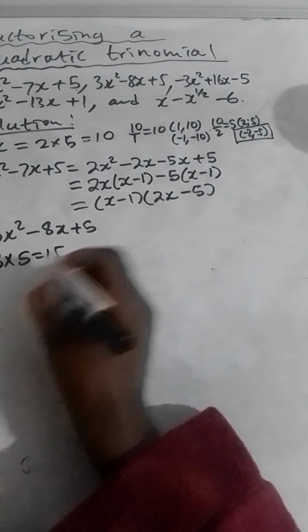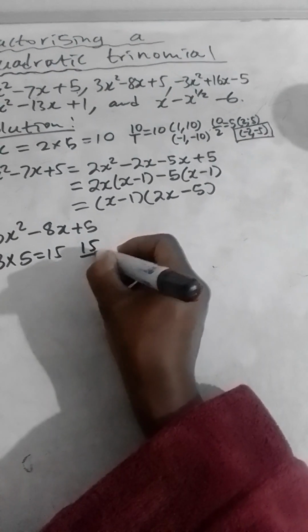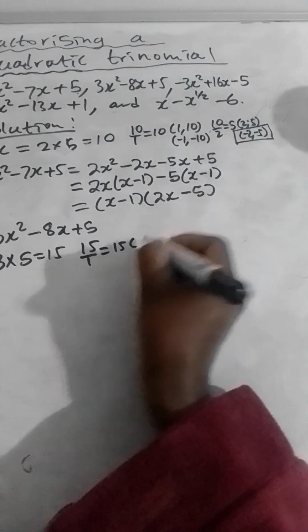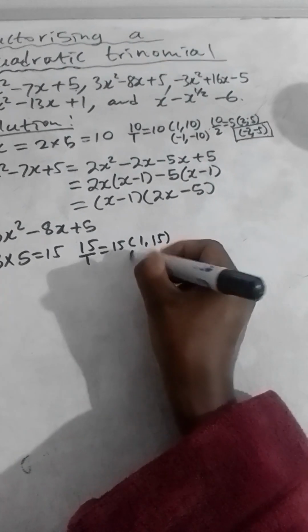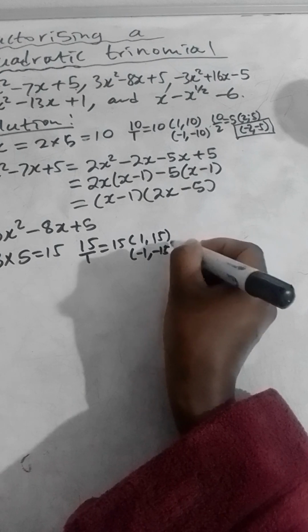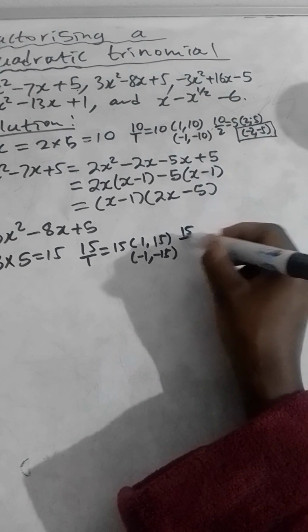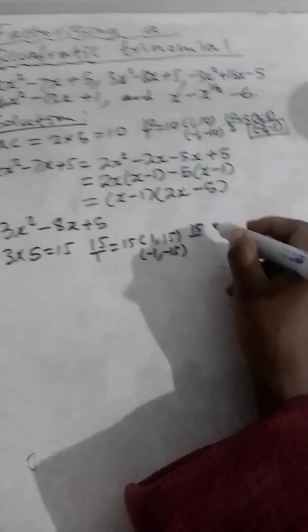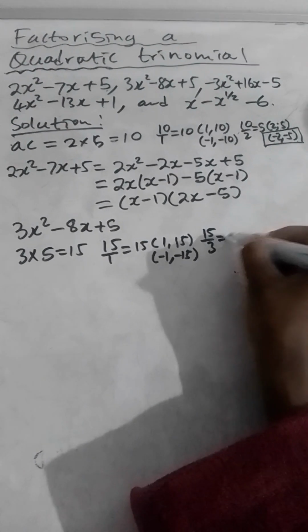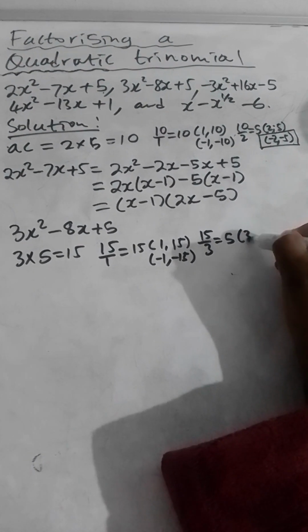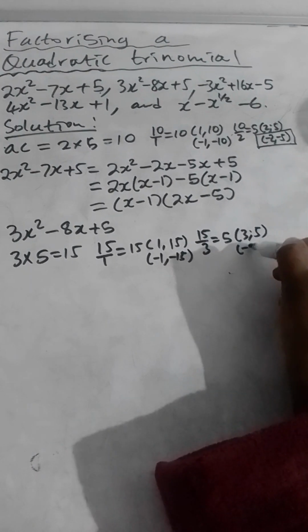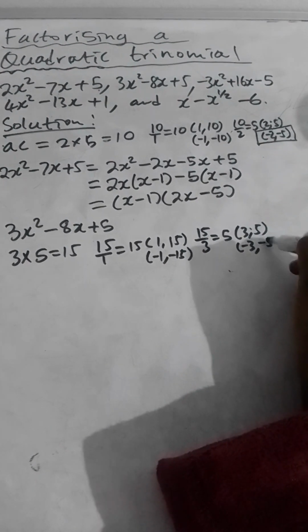So we're going to have factors of 15: 15 divided by 1 is equal to 15. So 1 and 15, negative 1 and negative 15. Then, okay, now we divide by 2. Well, we can't. It leaves a remainder. So we go to 3. 15 divided by 3 equals 5. And then we have 3 and 5, and then negative 3 and negative 5.